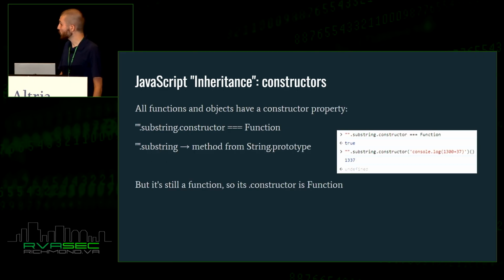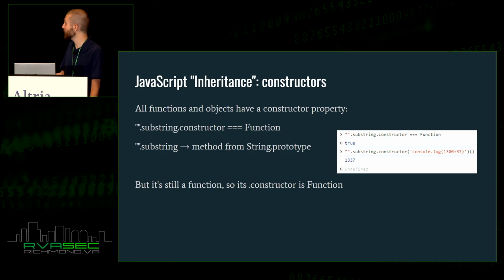So fortunately for us, those constructors are available via .constructor in JavaScript. So if we have any function in JavaScript, if we call .constructor on it, we get a reference to Function. So string.substring is a method from string's prototype, and .constructor of it is Function.